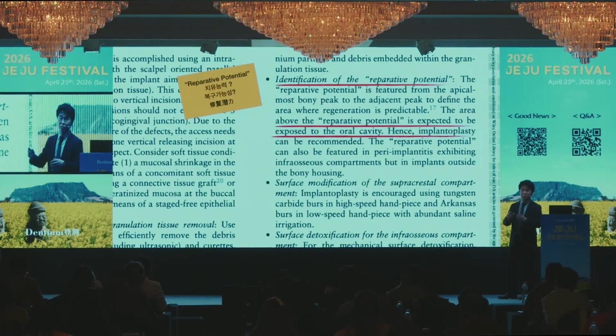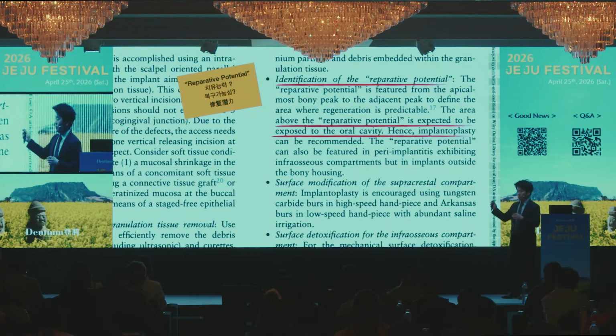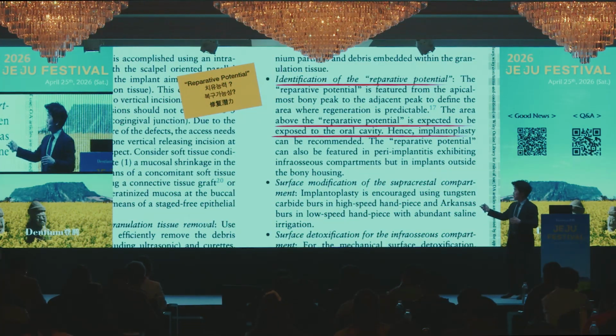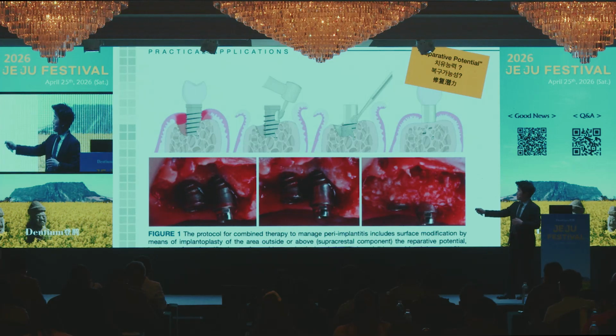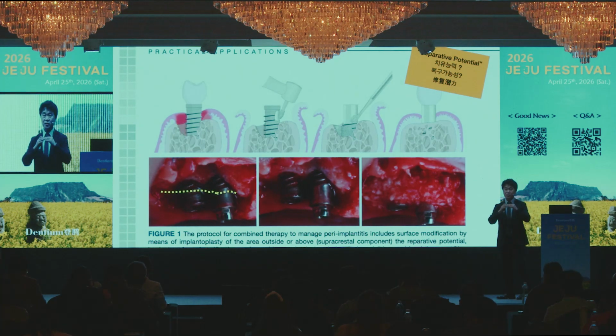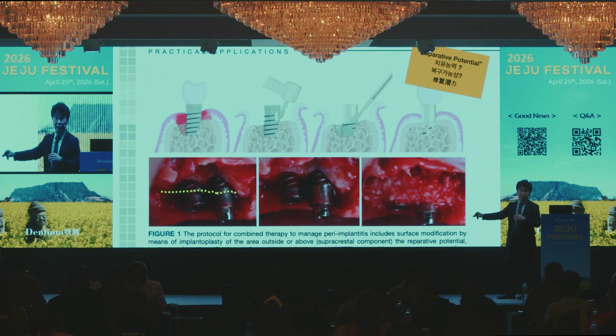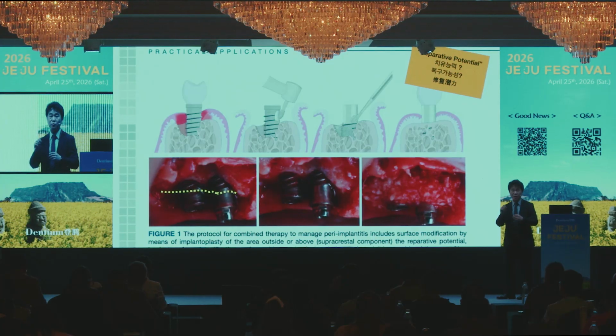Reparative potential is a very important term. This paper describes that this line is the potential of regeneration. So in the area above, it is difficult to maintain the bone, so we have to polish.